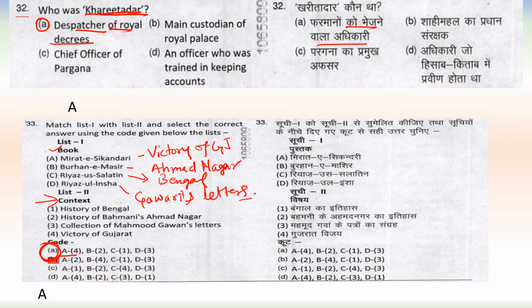Mirat-e-Sikandari, this is the book on the victory of Gujarat. Burhan-e-Masir, book on the history of the Bahmanis of Ahmednagar. Riyaz-us-Salatin, this is the book on the history of Bengal. Riyaz-ul-Insha, this is the collection of Mahmud Gawan's letters.